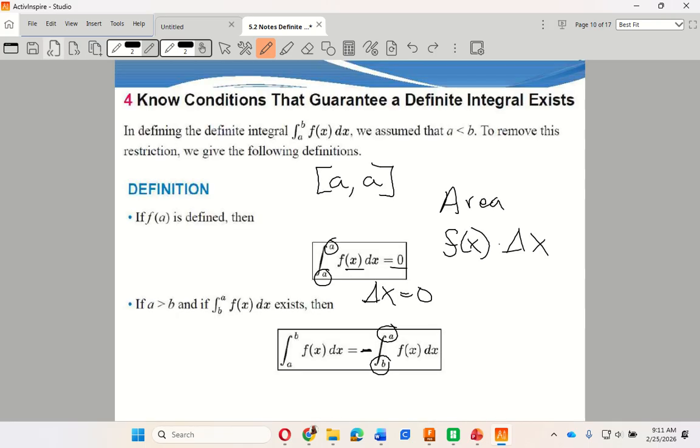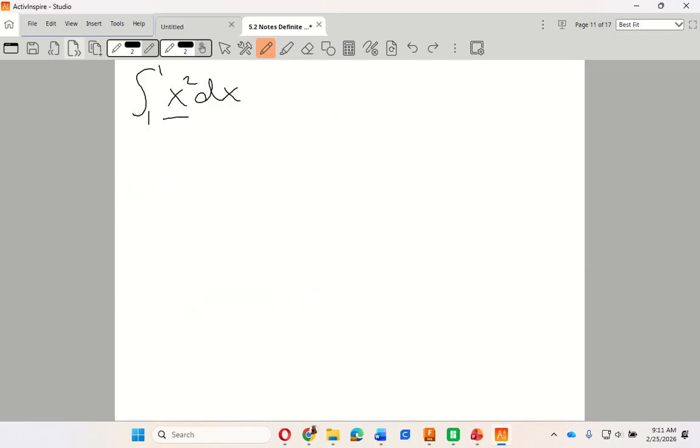I'm trying to show you from this by doing the math. I have to do the math first. Integrate x squared, or antiderivative of x squared.